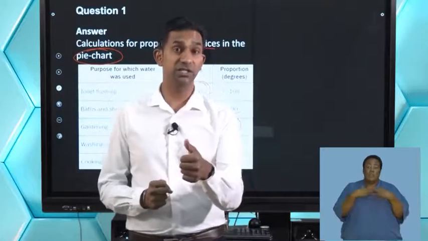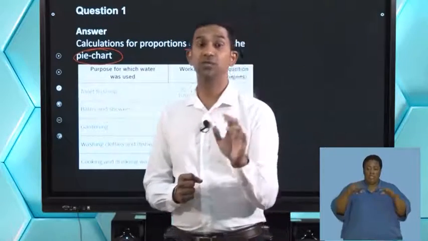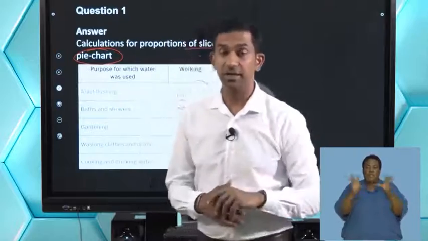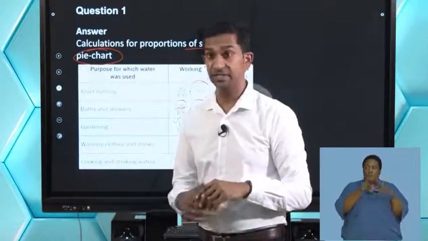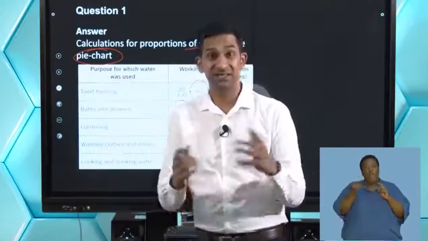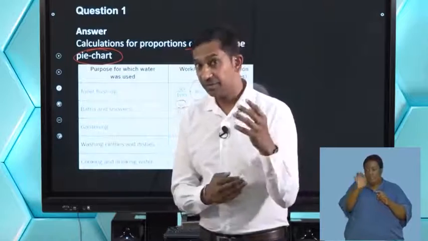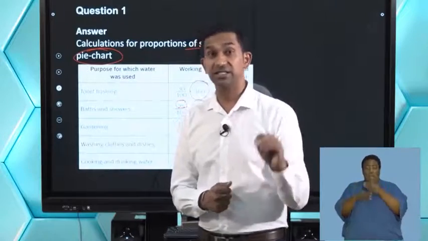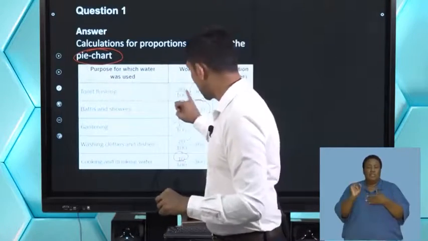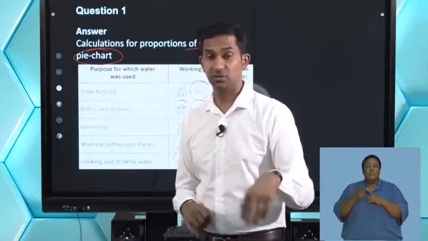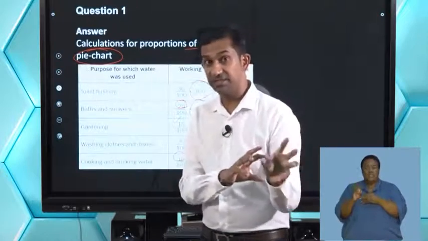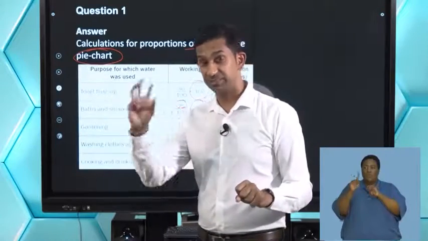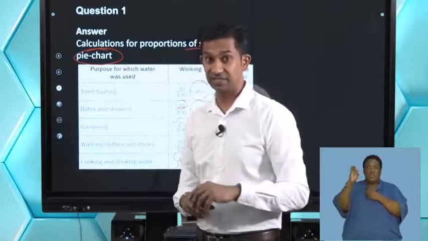So when constructing a pie chart, it's important that we add the total number of the dependent variable. In this case, we were fortunate that it was in a percentage. We add that up and we calculate that as a proportion out of 360. So in this case, we converted that proportion to a degree out of 360.